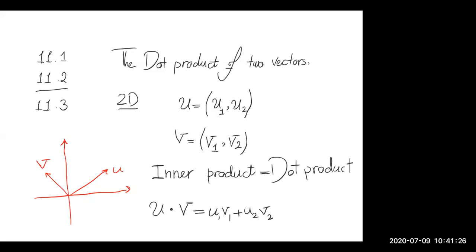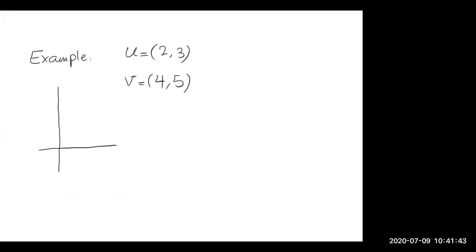Very simple. So for example, let's look at an example. Let's say we have a vector u equal to 2 and 3, and we have another vector equal to 4 and 5. The coordinates of u are 2 and 3. So this is u. And the coordinates of the vector v are 4 and 5.